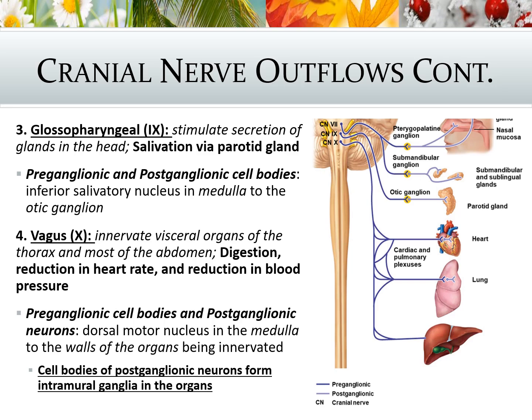We start in the medulla and go out to the walls of all these organs. The cell bodies of those postganglionic neurons form what are called intramural ganglia, which are within the organ itself. That's what we call these ganglia that live inside the organs.